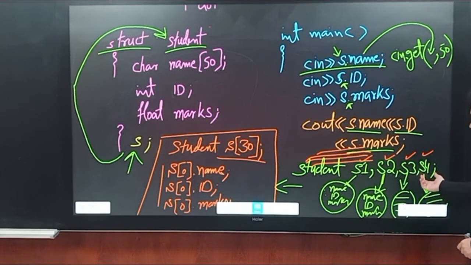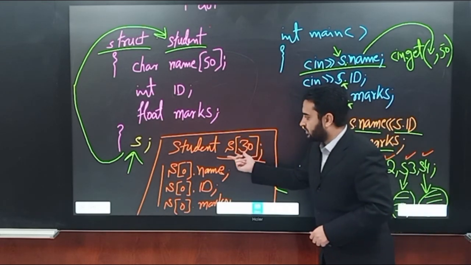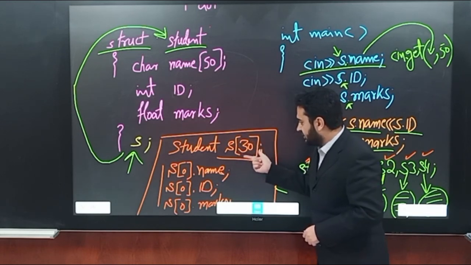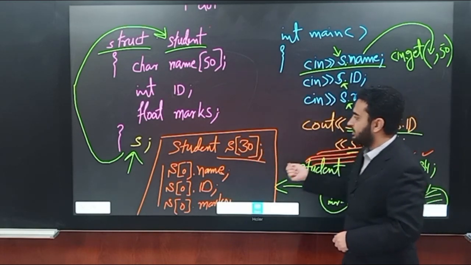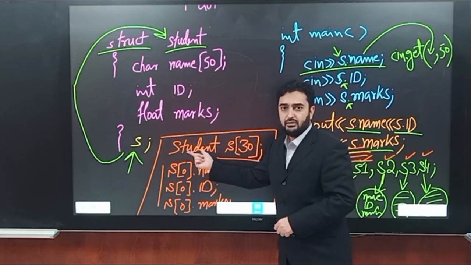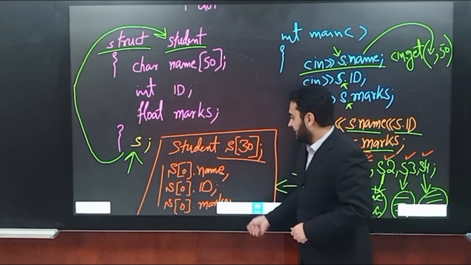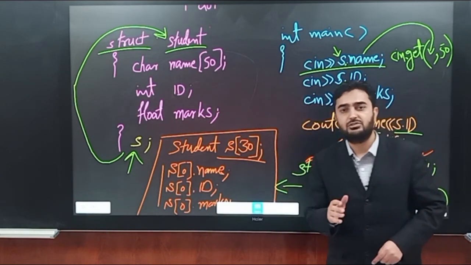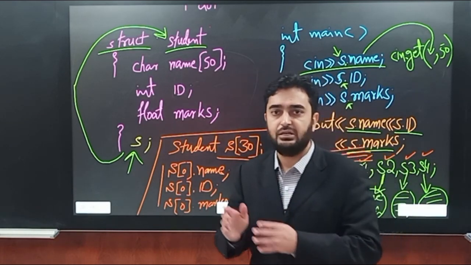And then we have even summarized these variables into an array. So this is a very sophisticated way to define a variable of a user data type, and that data type should be a structure. Okay, and then we have accessed the name, ID, and marks through the array using the indices of the array.